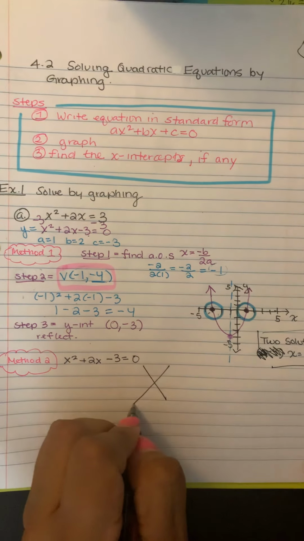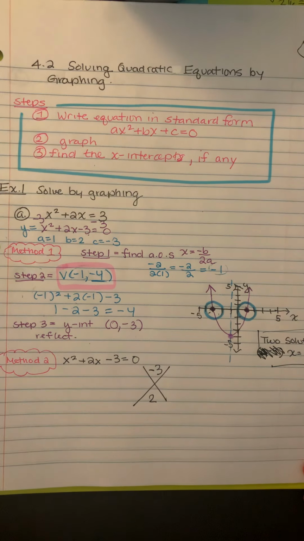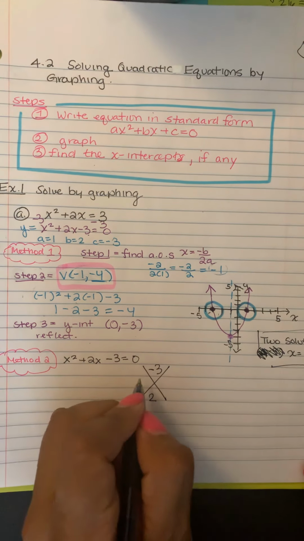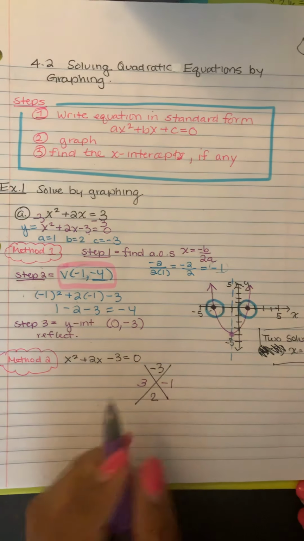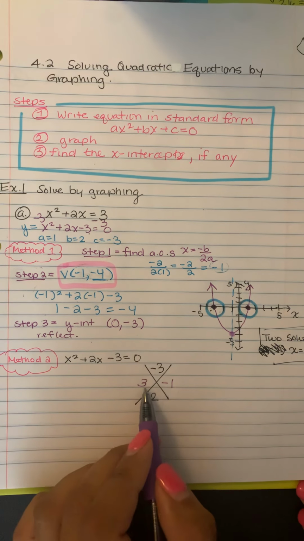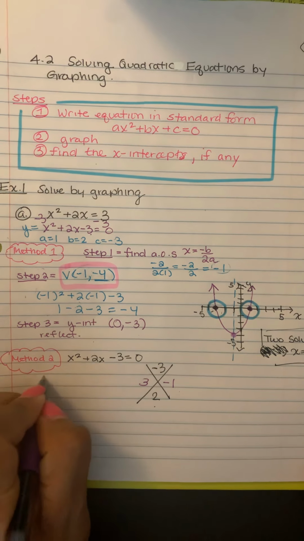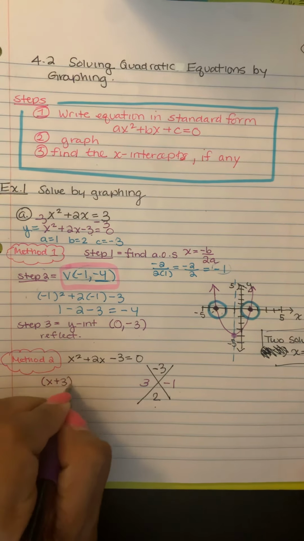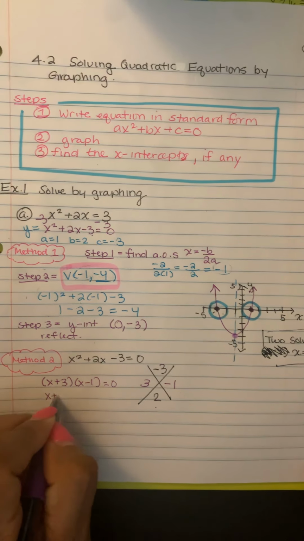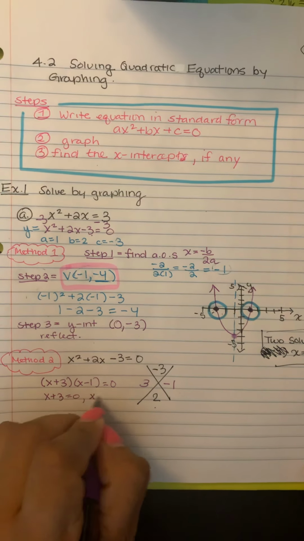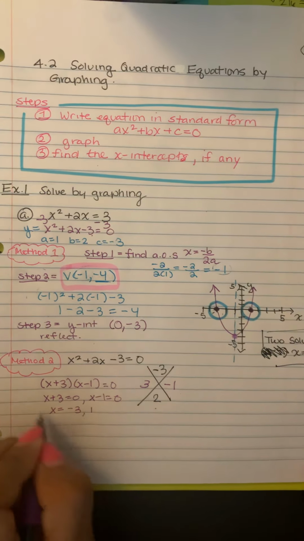If I use the x method, -3 goes on top, 2 on bottom. And you'll notice we have 3 and -1, because 3 times -1 is -3, and 3 minus 1 gives me 2. So I'm going to set this up: (x + 3)(x - 1) = 0. And set them both equal to 0, and we can solve. So here's -3 and +1.